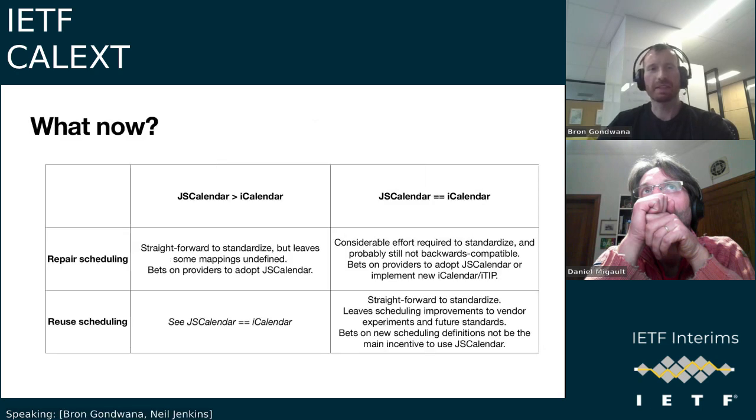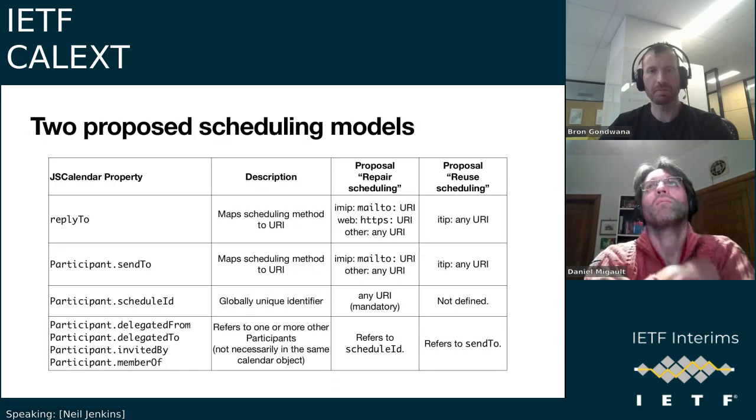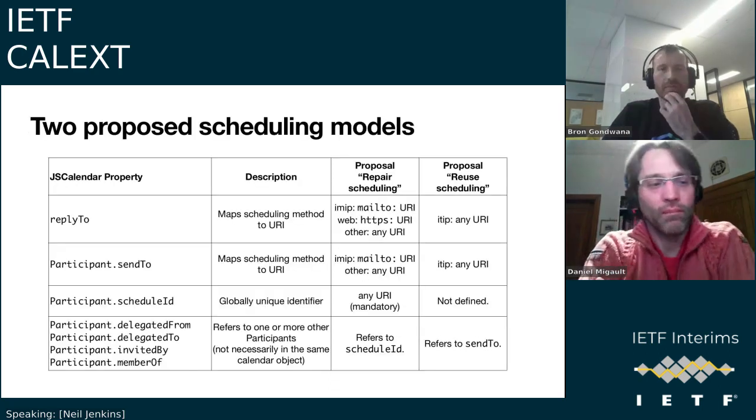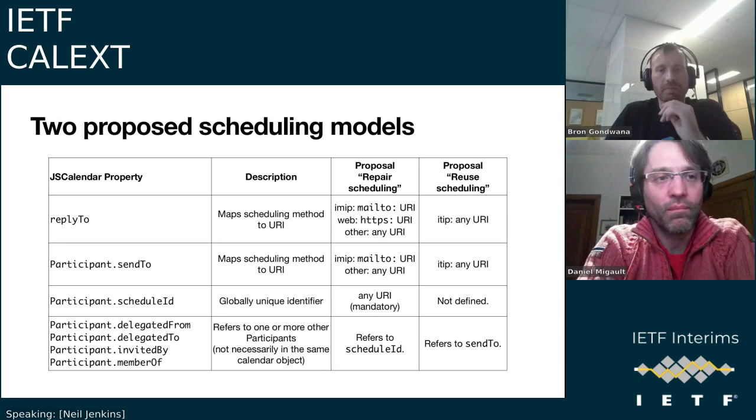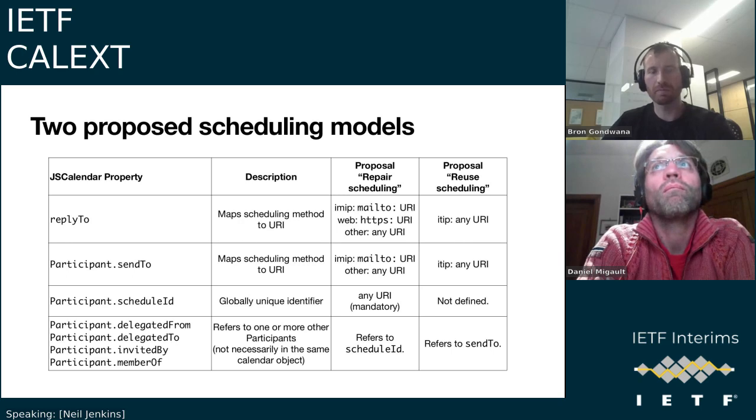Yeah. I think it complicates. So go back to that slide, please, Robert. I think that's a more useful one. It complicates JMAP calendars a bit, I think, with the reuse scheduling. The nice thing about the repair scheduling is you're separating the ID of the participant from how I can send messages to them.